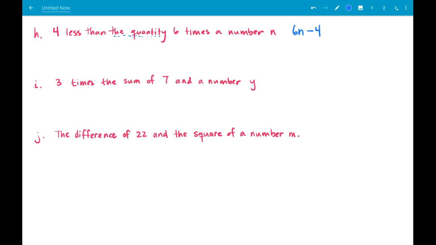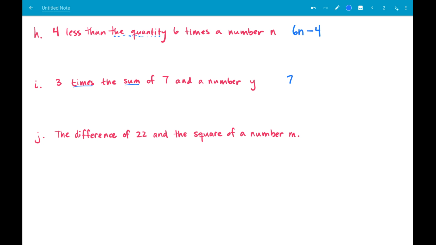Letter I is 3 times the sum of 7 and a number y. So here the sum is showing that I'm adding. The times right here means that I'm multiplying, so what comes first? Well, I want 3 times the sum of 7 and the number y. So I know that I'm adding 7 and y.